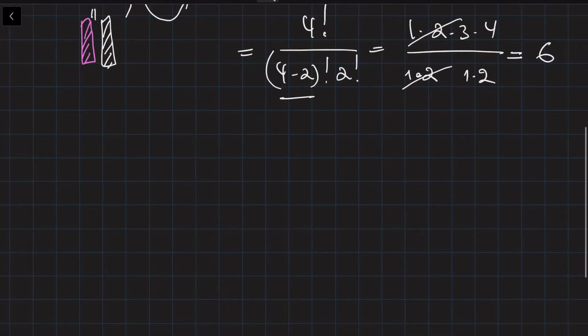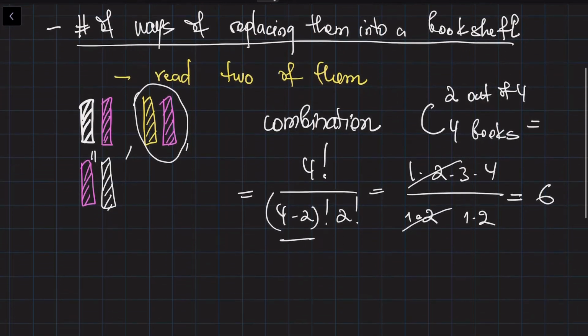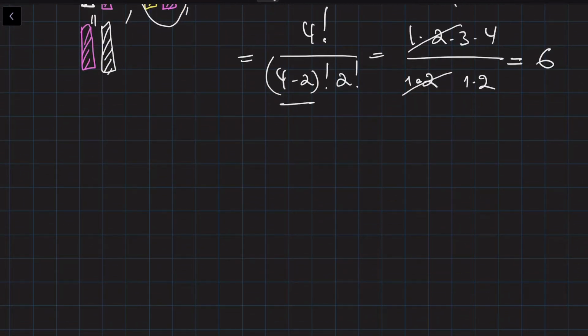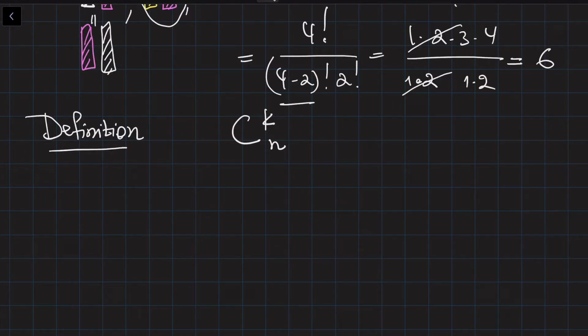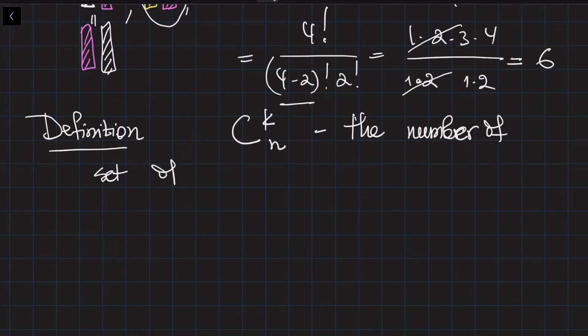Let's make a couple more examples in order to understand what this combination means. Let us write down the definition first. Definition: the combination of n and k is the number of sets of k items chosen from n items.